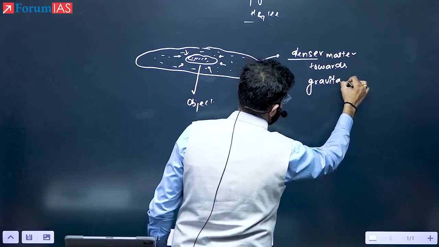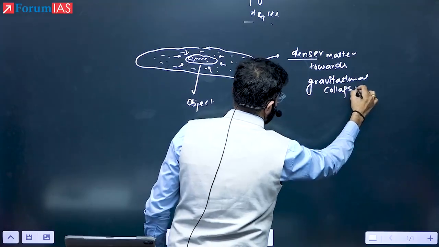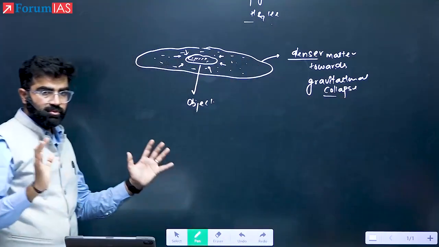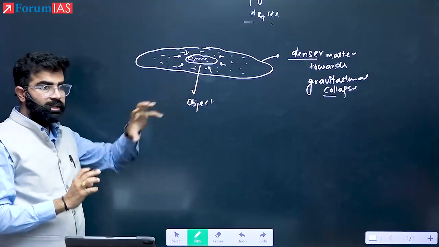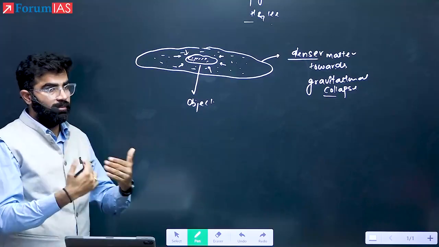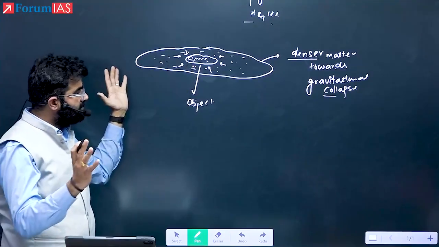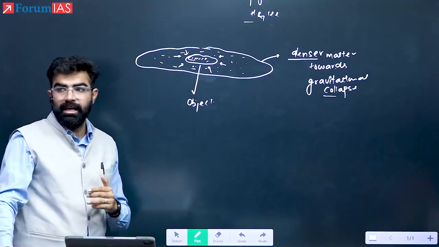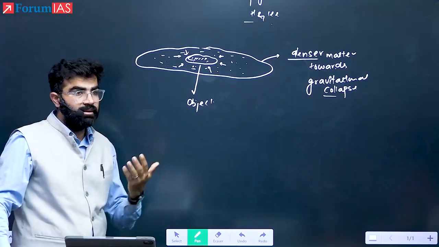In this gravitational collapse, the matter was sinking towards the center, and in the center a denser, planet-like structure was about to form. Now tell me, if the matter is going towards the center, what will happen to the temperature at the center? Will it increase or decrease?